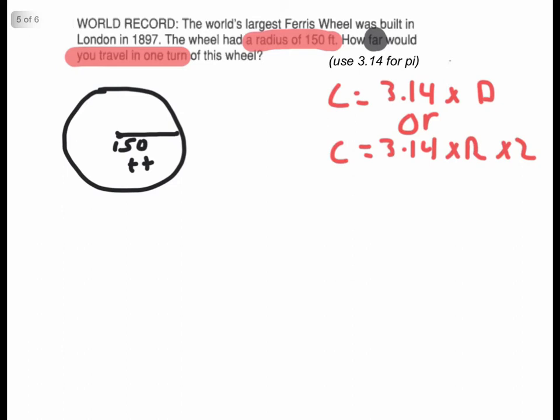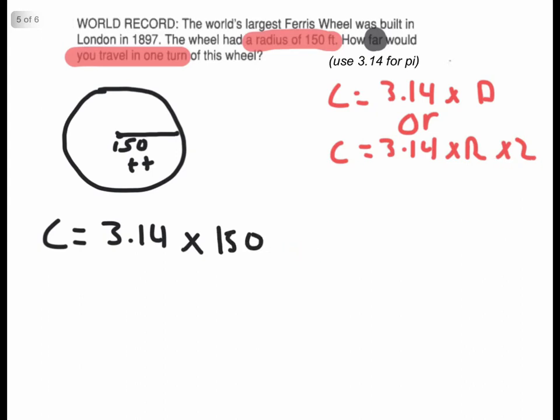So to set this up then, we can use either one of these two. Okay. And since it gives us my radius, I might use my formula for circumference that involves radius. So I'm going to take 3.14. Circumference equals 3.14. And I'm going to multiply that by, it says, my radius. And then I need to multiply that by 2.